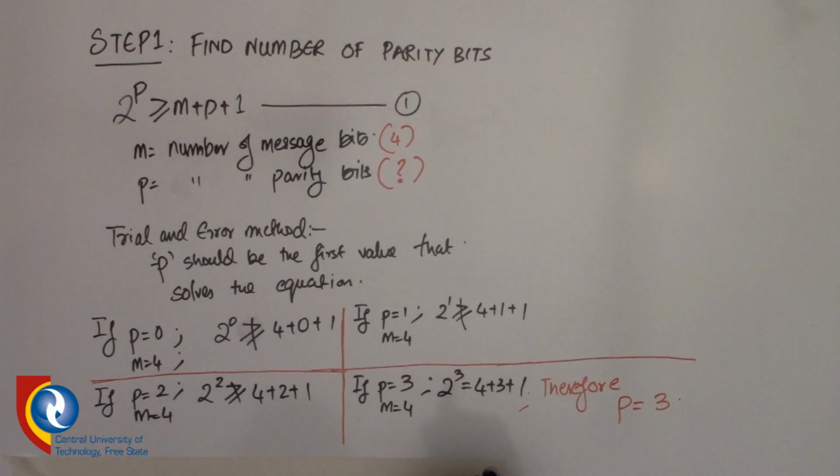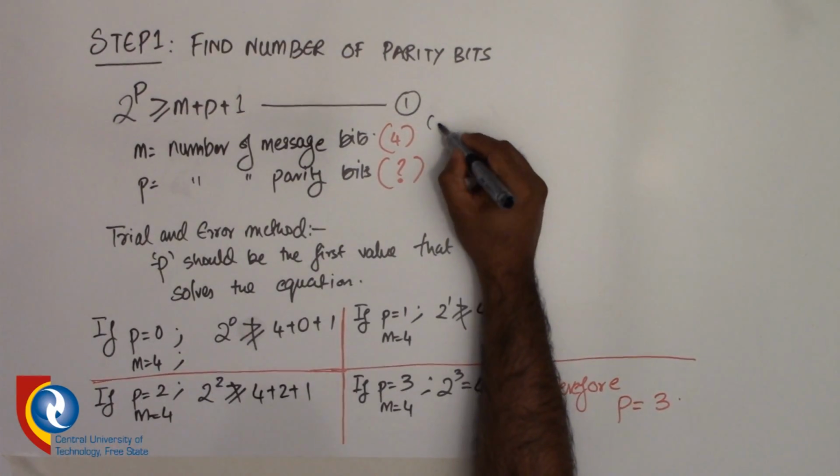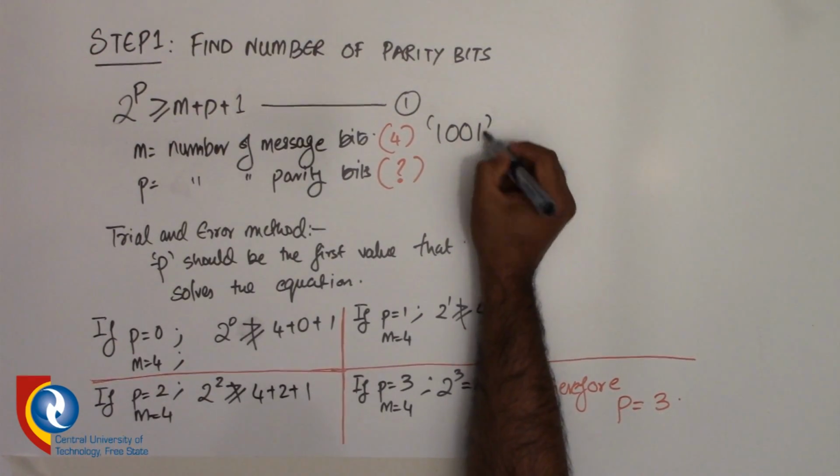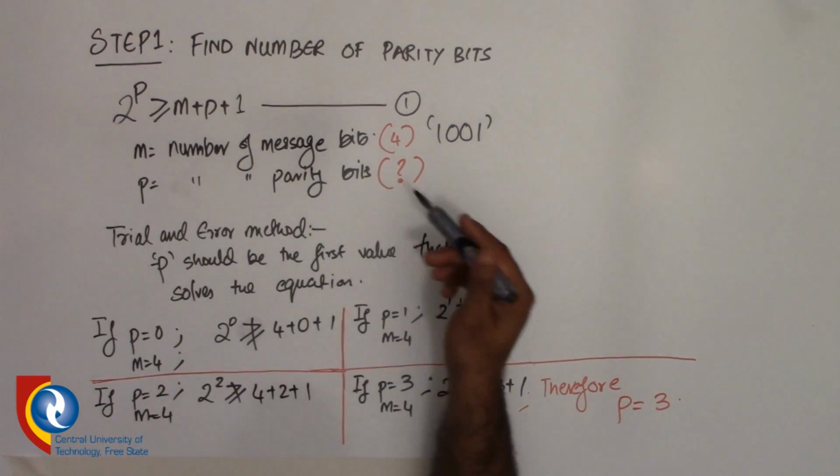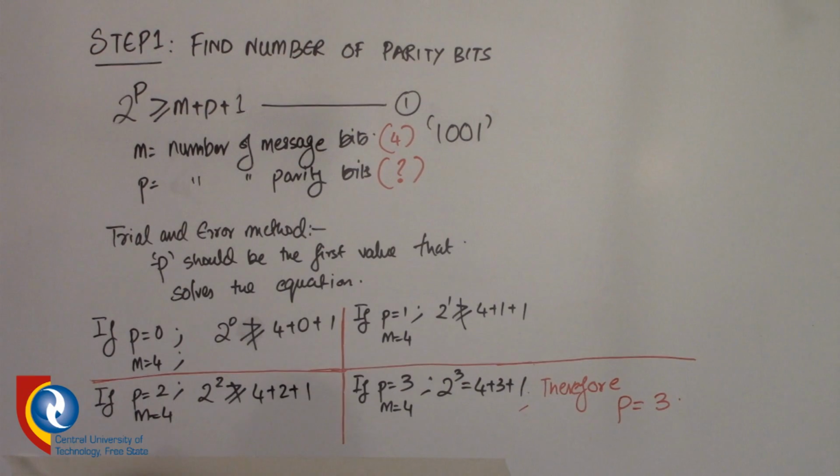In our case, that is equal to 4 because our message is 1001. And p is the number of parity bits, which is what we need to determine.